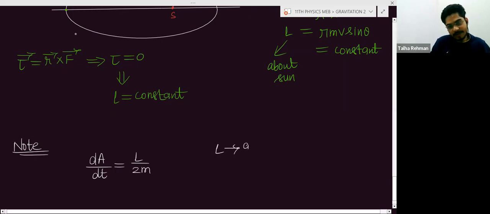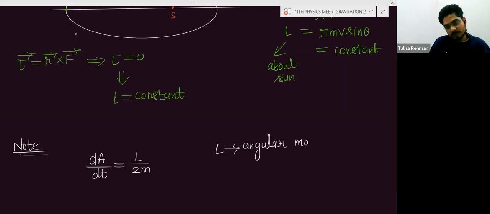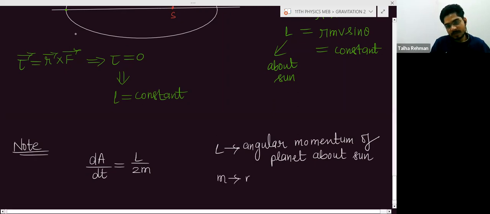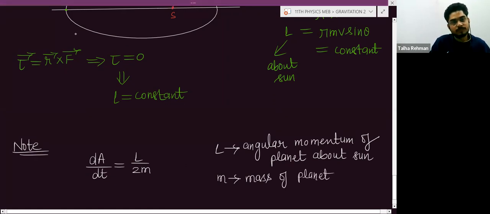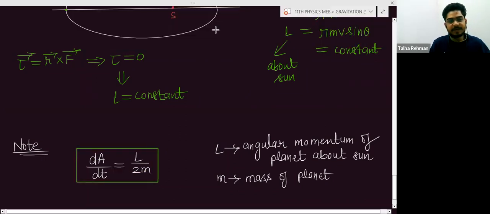L is the angular momentum of the planet about the sun, and m is the mass of the planet. dA by dt is equal to L by 2m.